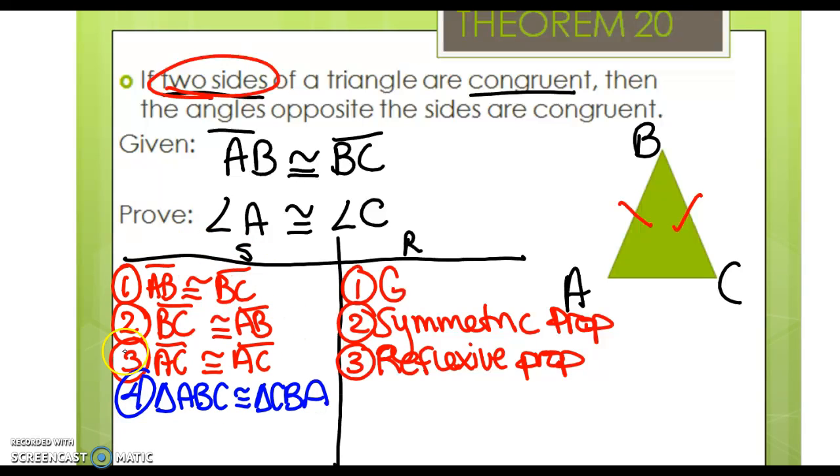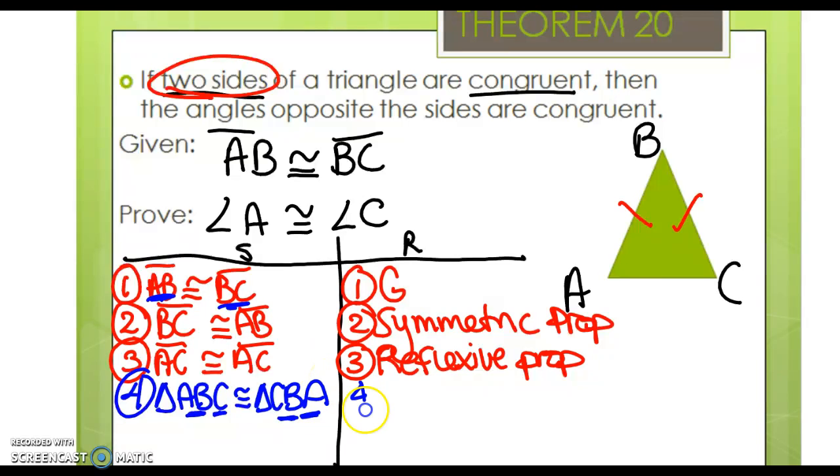What you think about up here makes sense. So A and B were the first two letters here, so B and C better be the first two letters in the second triangle. And similarly, BC is congruent to AB, so B and C were the last two letters here, so A and B are the last two letters here.